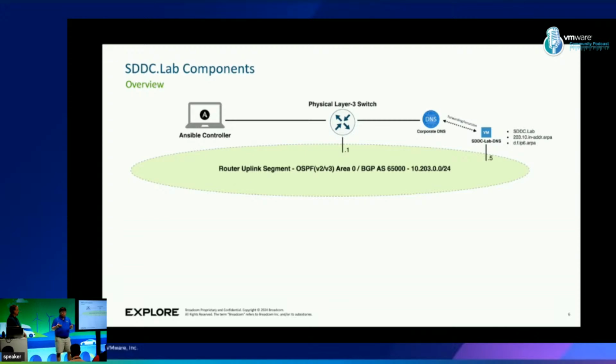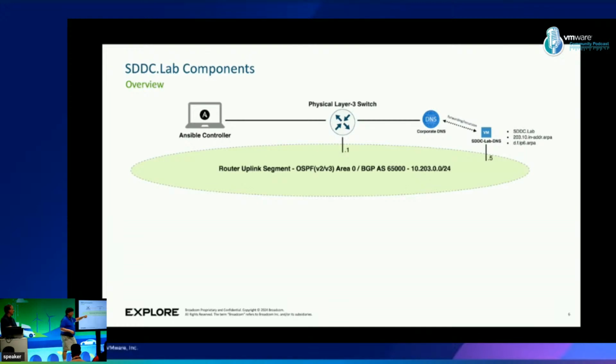When things spin up, it'll register V4, V6, so A or quad A records, depending on if you have it enabled or not. We also have within our playbooks the ability to deploy that DNS for you. So you can configure the config files, as we'll show you, and one of them could be deploying your DNS. If you're not familiar with bind or anything, we handle the full deployment of that for you.